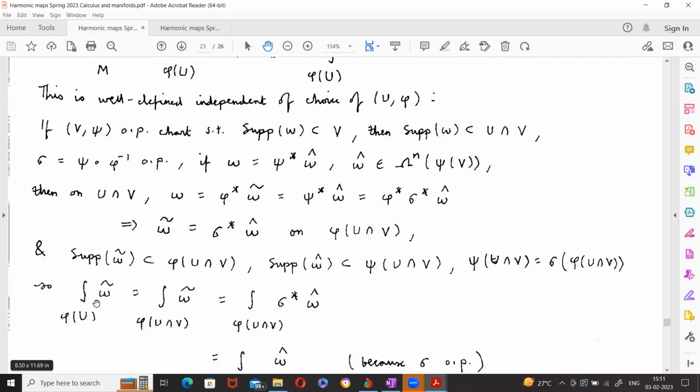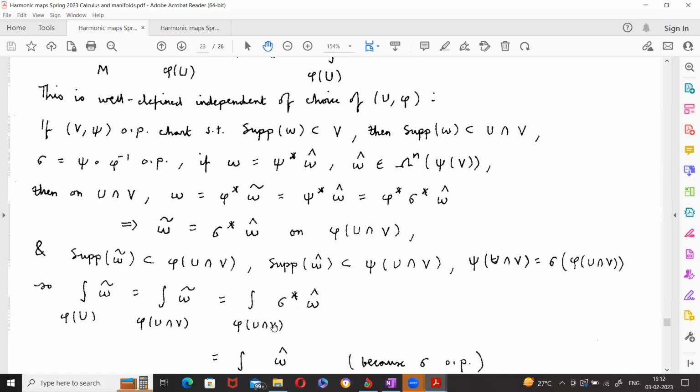So now if we start with the integral of omega tilde over phi u, then because this is supported inside phi of u intersect v, this is the same as the integral of omega tilde over phi of u intersect v. And now on phi of u intersect v, I can write omega tilde as the pullback sigma star of omega hat.